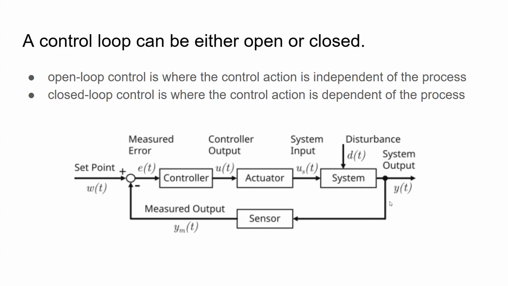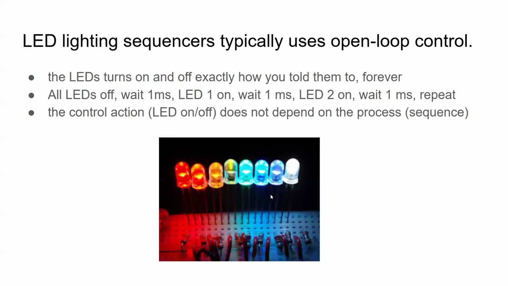When we have a closed loop control system, we're taking the system output, measuring it, and that measurement is in part changing the control action. So the control action is dependent on the process. We measure the output of the process and it has some impact on the actuating action.